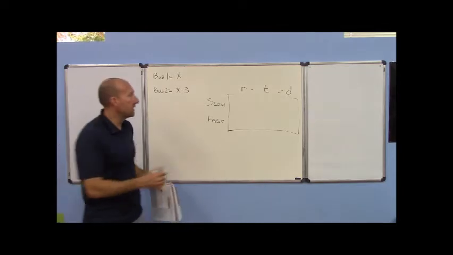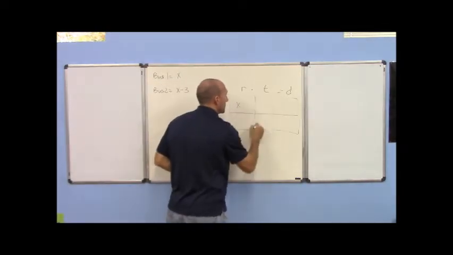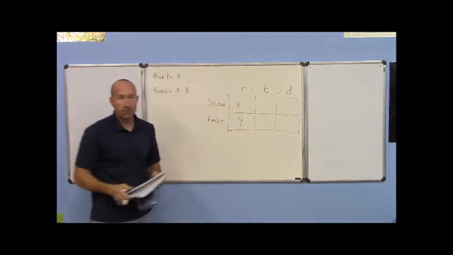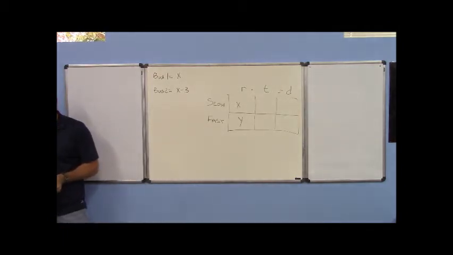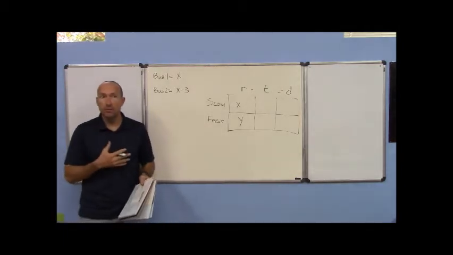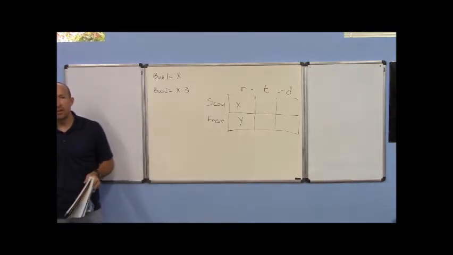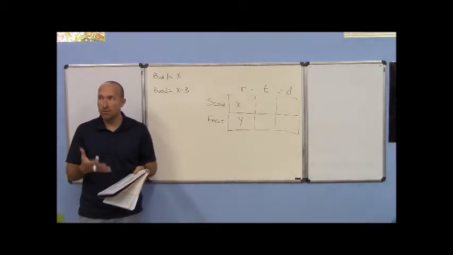Here, we are using a value of x for the slow bus and y for the fast bus. We are now incorporating 2 variables, 2 different unknowns. But what we've already found out is we can have 2 variables, come up with information, and use 2 different equations to help ourselves solve this problem.